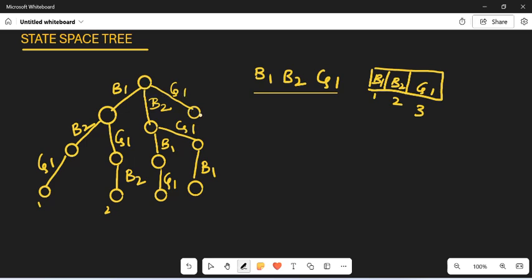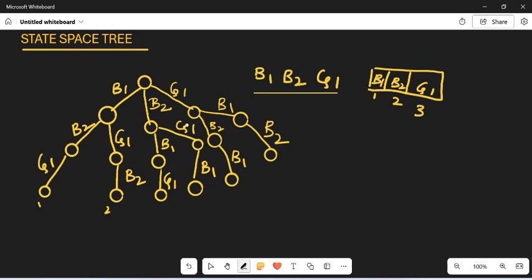Now when the girl is in the first chair, in the second chair we may expect boy 2 or boy 1. If you go with this possibility, the third chair is nothing but boy 1. Suppose you try this possibility, the third chair is nothing but boy 2. Therefore these are all different possible solutions.